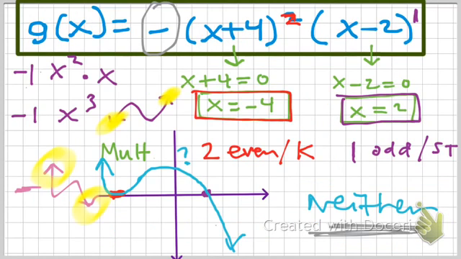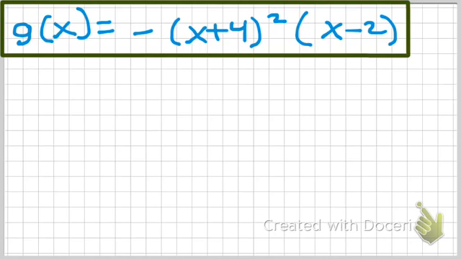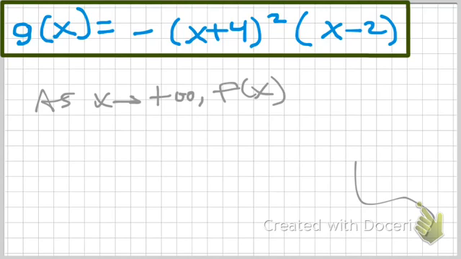And let's just say we had to write our end behavior. As x approaches what? That's what our graph looked like. We always write positive. F of x approaches what? So we're going right to left to right, so it ends up down.